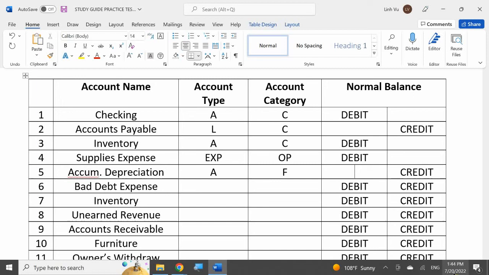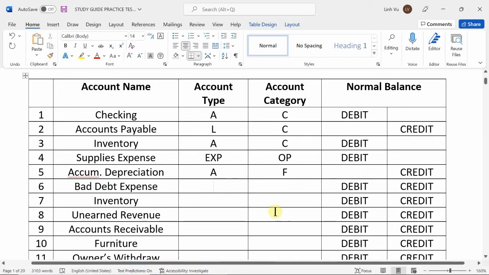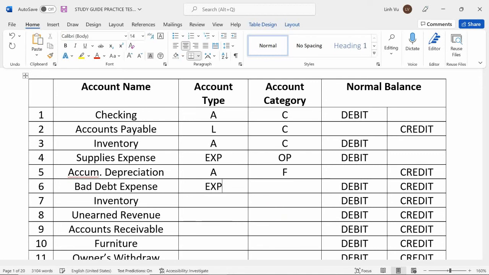Okay. What about bad debt expense? Good. It's an expense account. And then I thought it was a temporary account, so I thought it was a current.